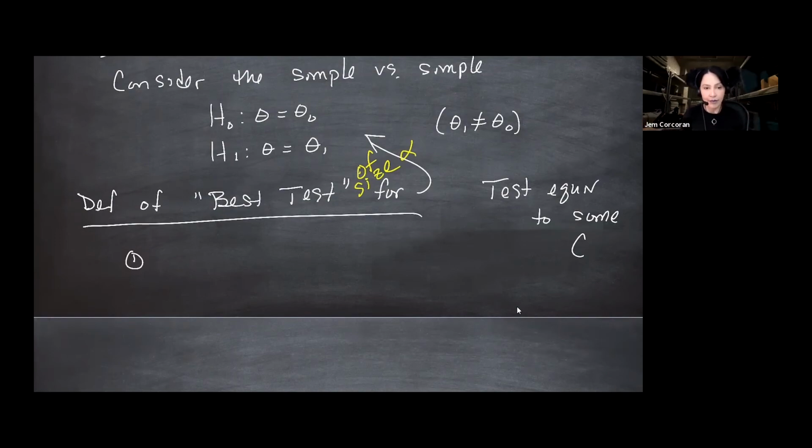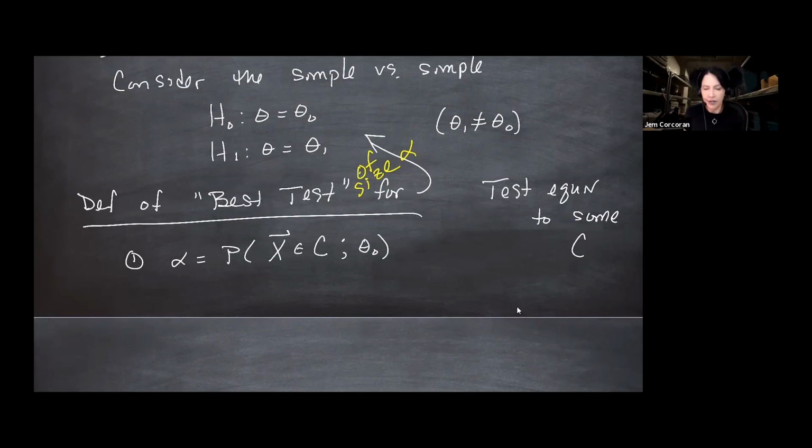Okay, so the first thing we need is for it to be of size alpha. And because I have a simple null hypothesis, there's no maxing involved. So I need alpha to be the probability that the vector is in the critical region when the null hypothesis is true, which I can more simply say just theta naught, because there's no maxing. That just means it has size alpha.